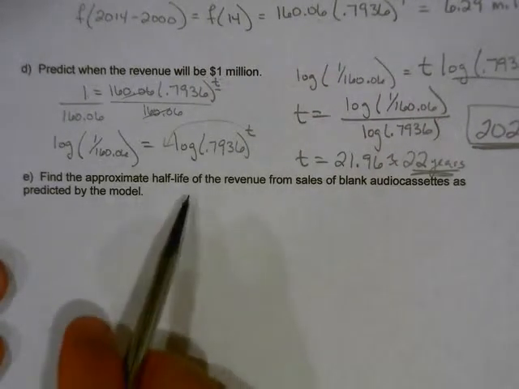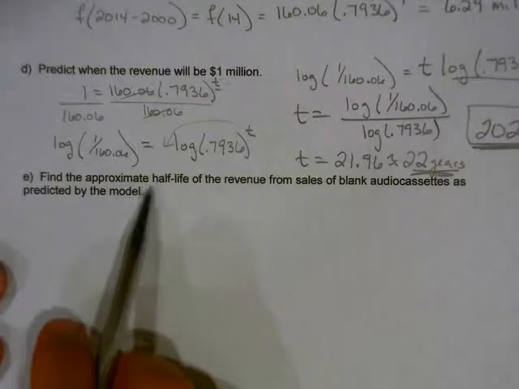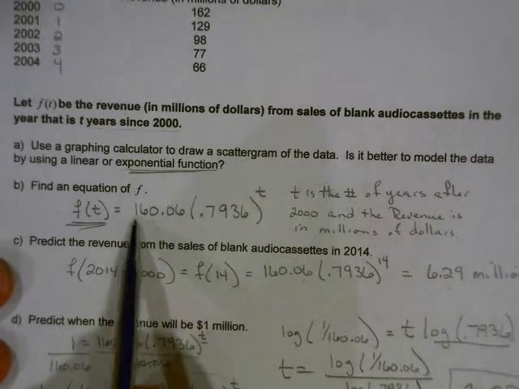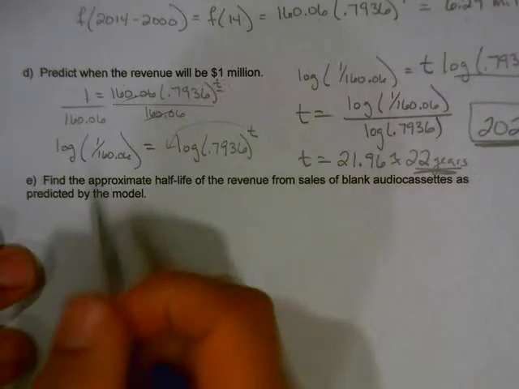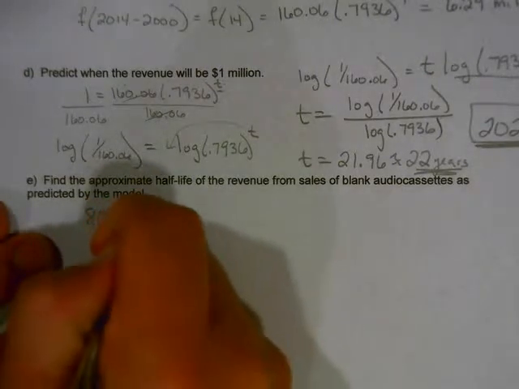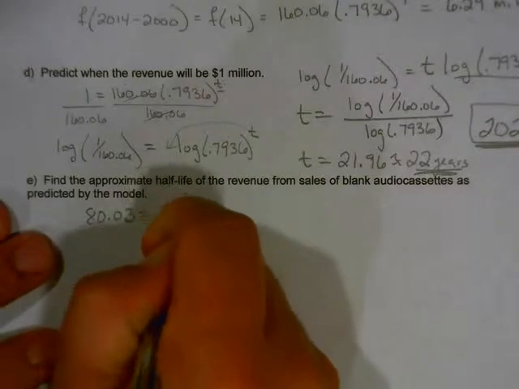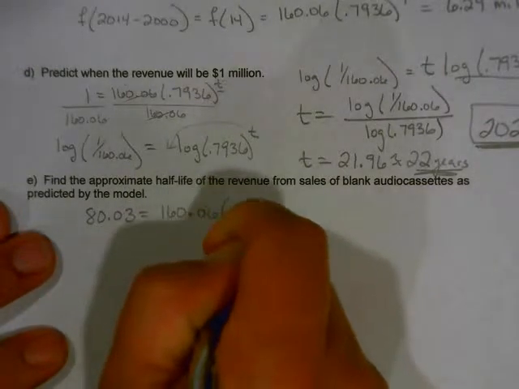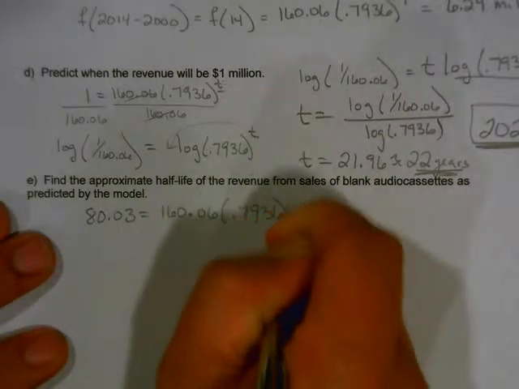Find the approximate half-life. Well, if we're looking for the half-life, it's half of the initial value in our function here. Here's my initial investment, so half of that. So I want to know when it's going to be 80.03 equals 160.06 times 0.7936 to the t.